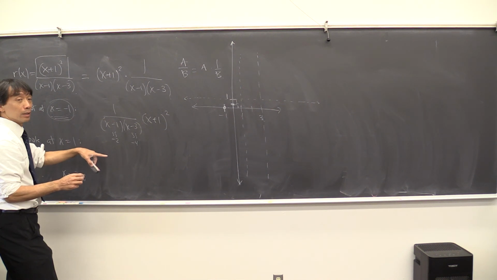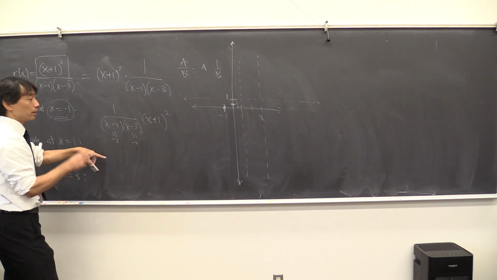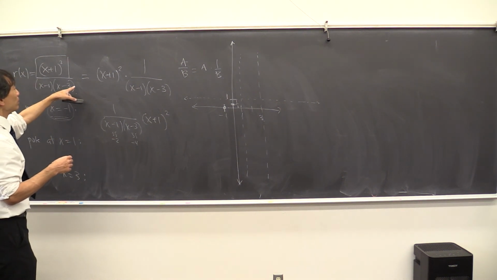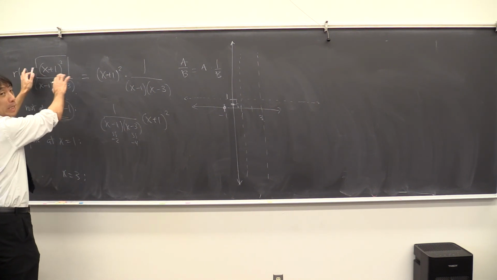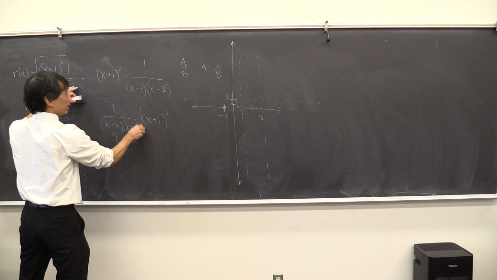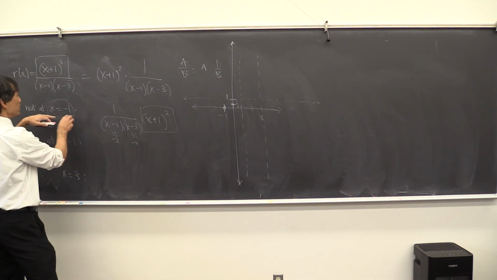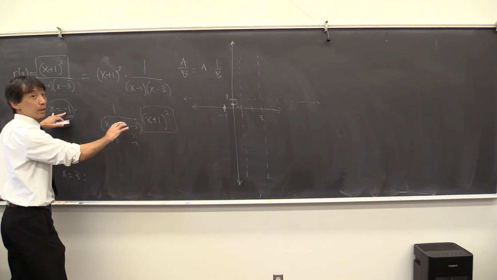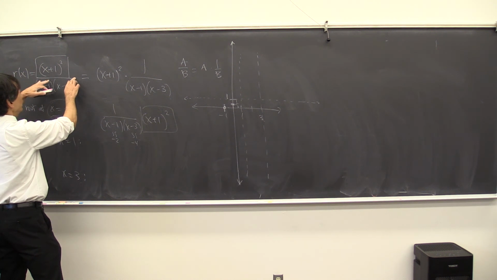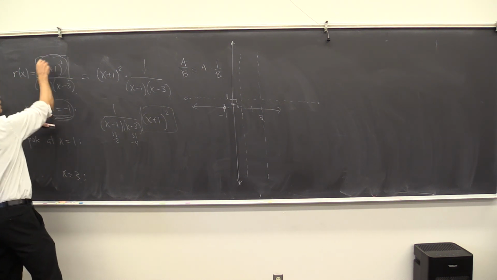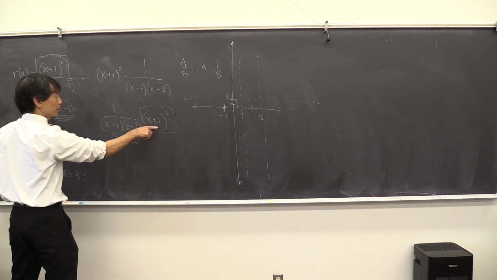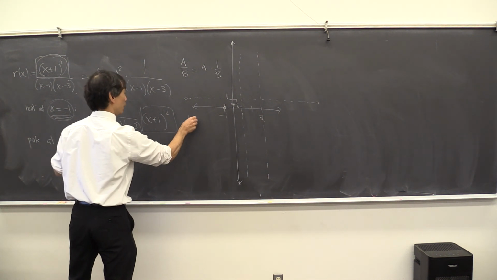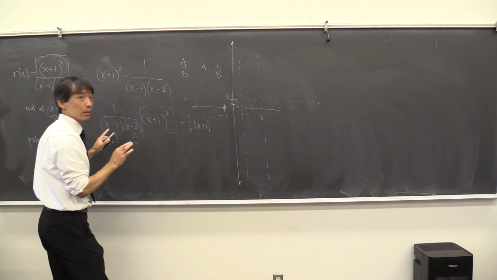So what you do is you separate it into the part that gives you the root, and then the rest of it. In this case, this thing gives you the root, so you move that out, and then you evaluate the rest of it. This is going to give us 1/8 of x plus 1 quantity squared.